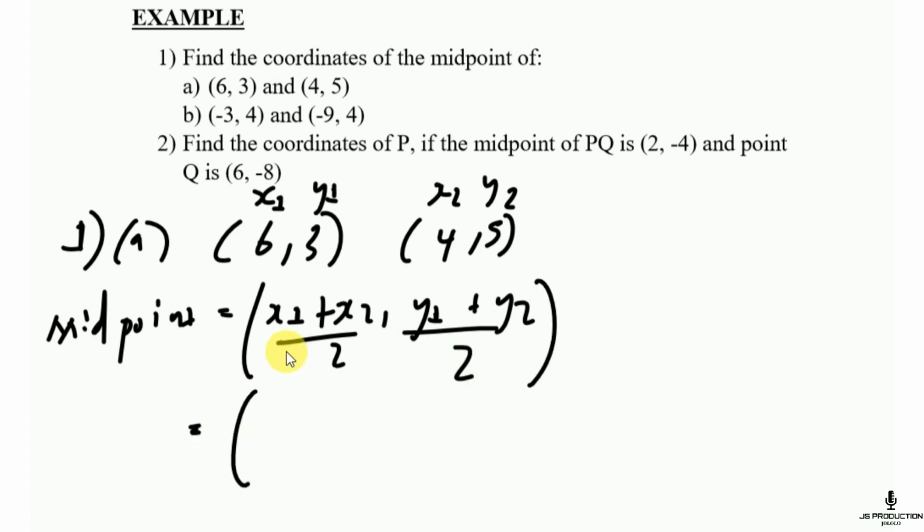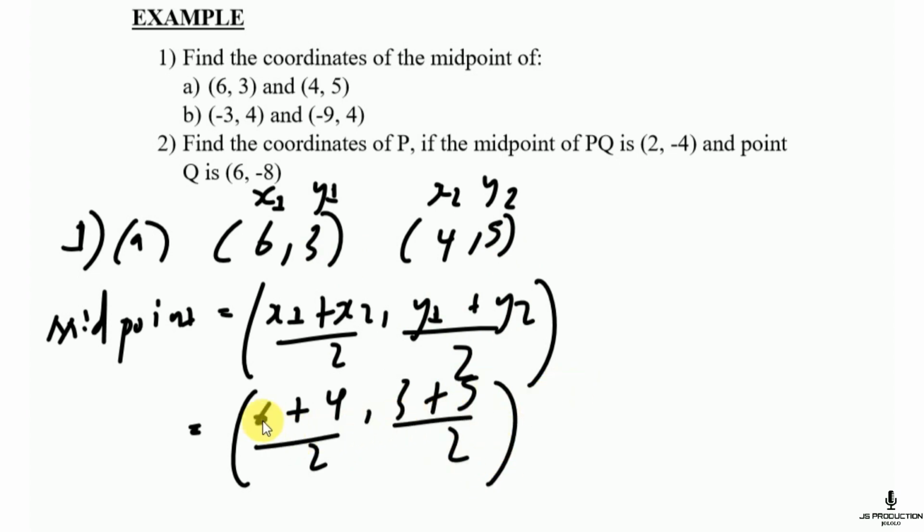So my x1, I know that's 6, so 6 plus my x2, that's 4, divided by 2. My y1 is 3 there, plus my y2, that's 5, divided by 2.